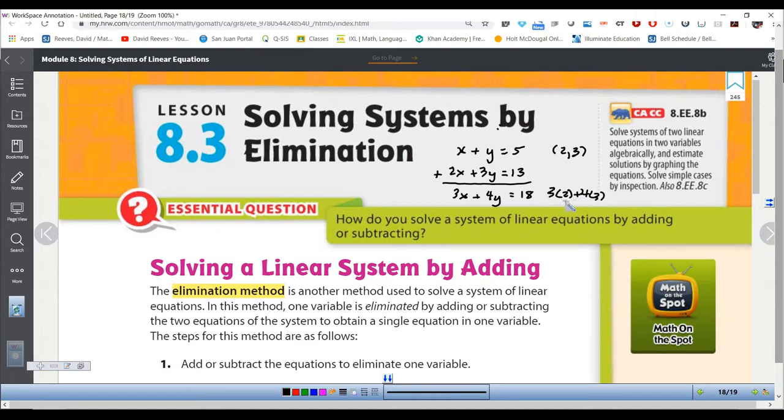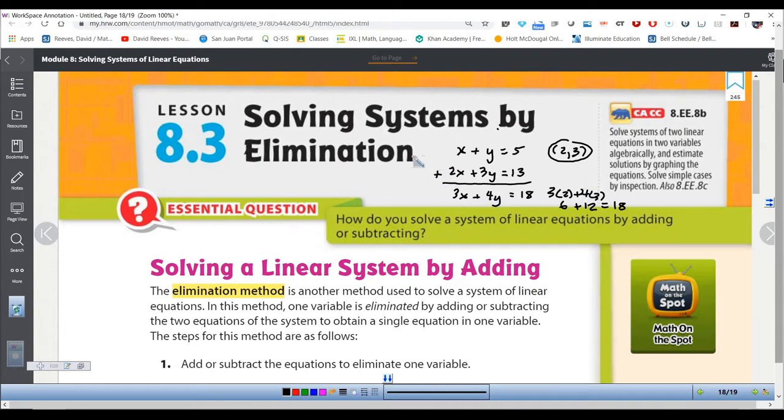What do we get? 3 times 2 is 6. 4 times 3 is 12. And what is 6 plus 12? It's 18. So not only when you add a true equation to a true equation do you get a true equation, if you add an equation that has a solution to another equation that has the same solution, that third equation will also have the same solution.